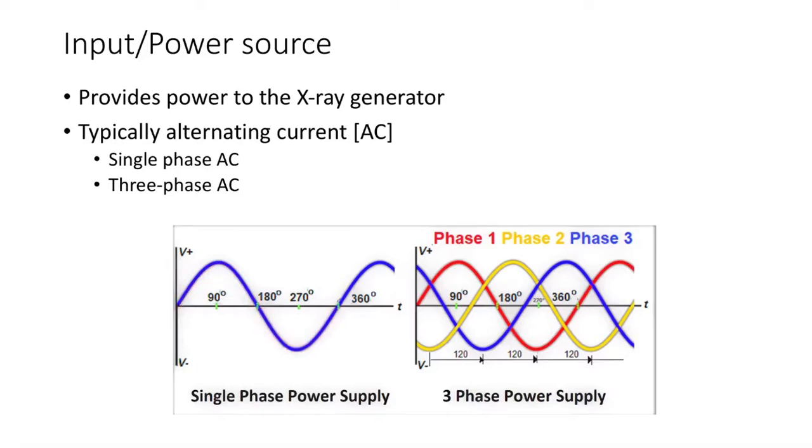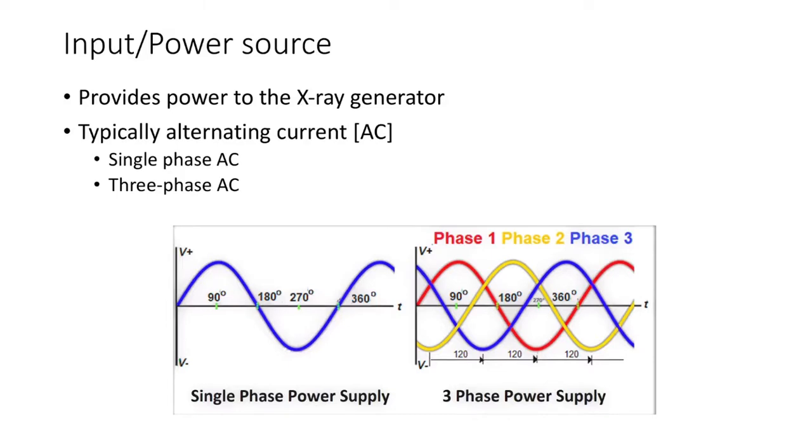Hence the name alternating, because for a given frequency, the direction of the flow of electricity would be changing. How fast it changes depends on the frequency of that signal. If you look at your wall plug, it might say 60 hertz. That means the AC signal is changing direction 60 times a second.